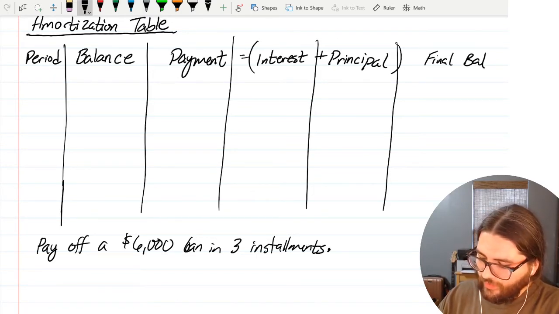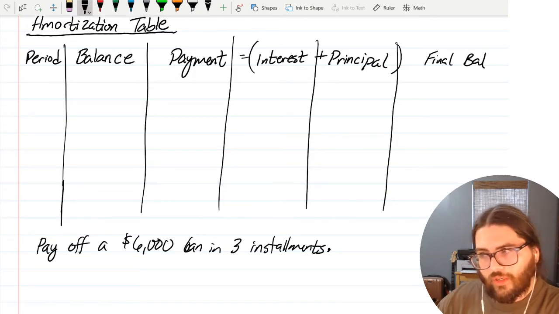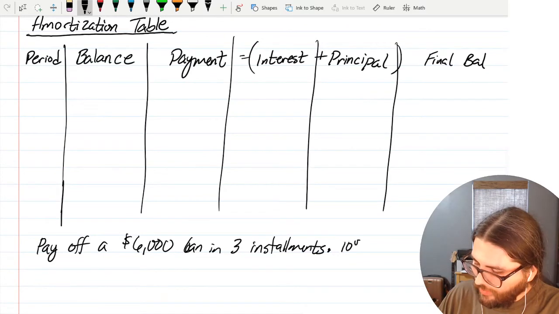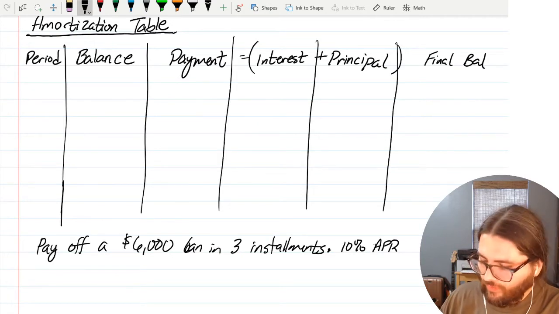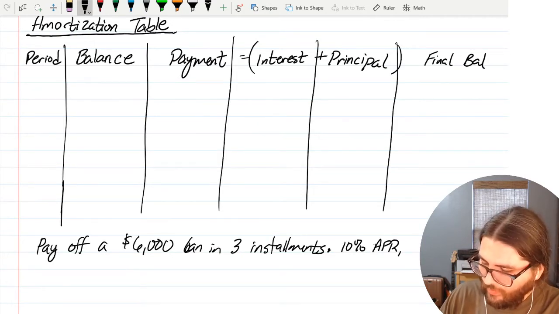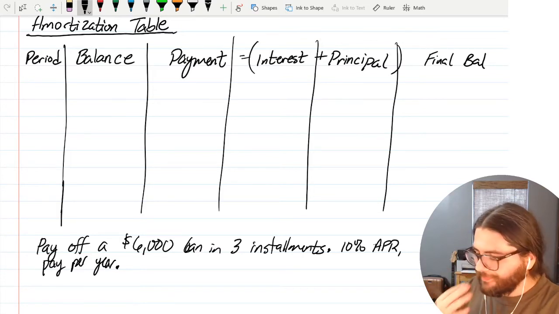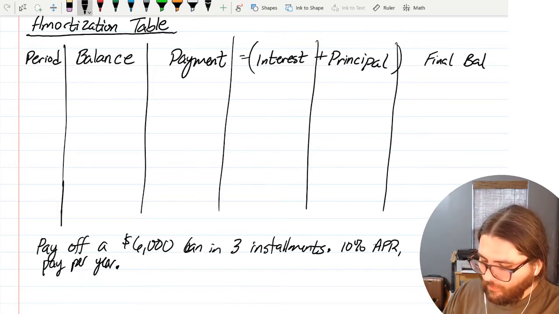So let's let there be 10% APR. That would be the interest. So 10% APR, we pay per year, and we compound yearly.